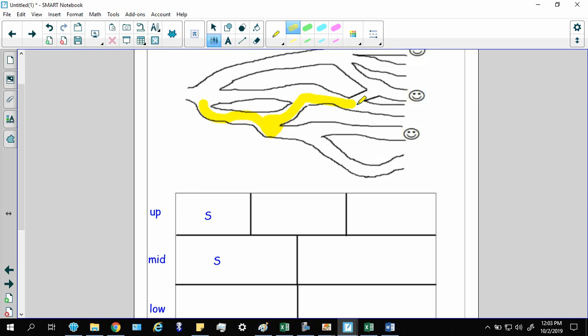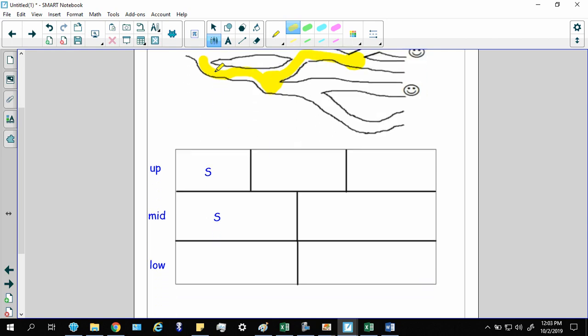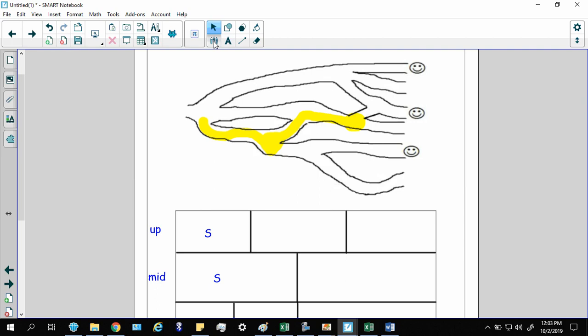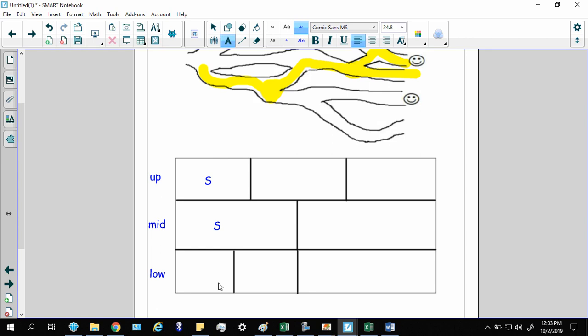Oh, there's another fork. So I've got to half my half over here. That's bad. That's actually a little off. There you go. Now, one of these paths goes to a smiley face. The other one does not. So I'm going to go ahead and label accordingly. Just going to put Mr. Smiley right there.